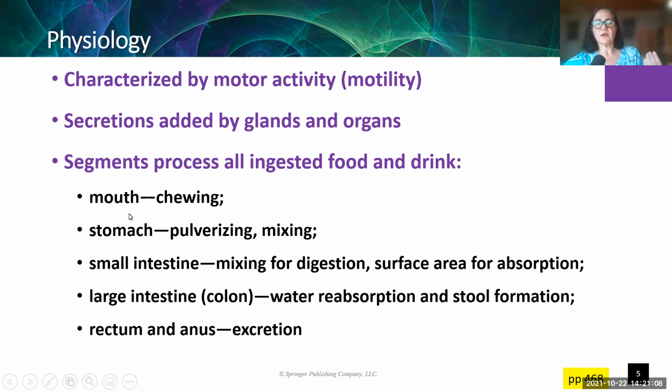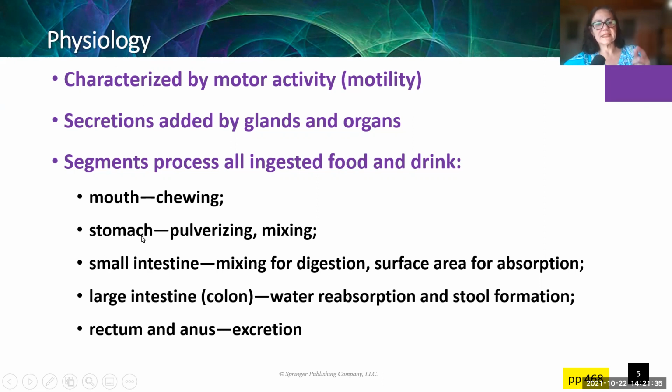The first part of the GI tract is about smashing things up, receiving in the mouth, chewing, pulverizing, mixing. And this is about getting some of the enzymes that need to access the molecules, mixing that stuff up so that the enzymes can get to the molecules that they need to get to.